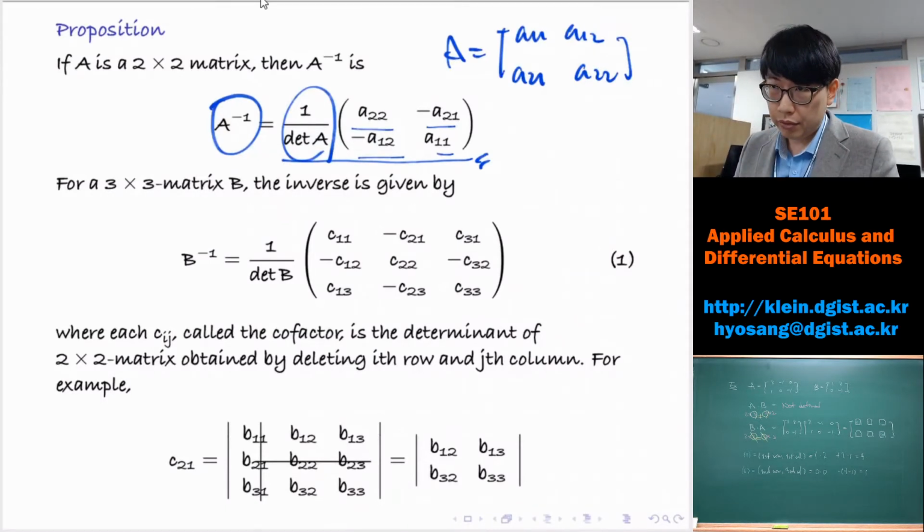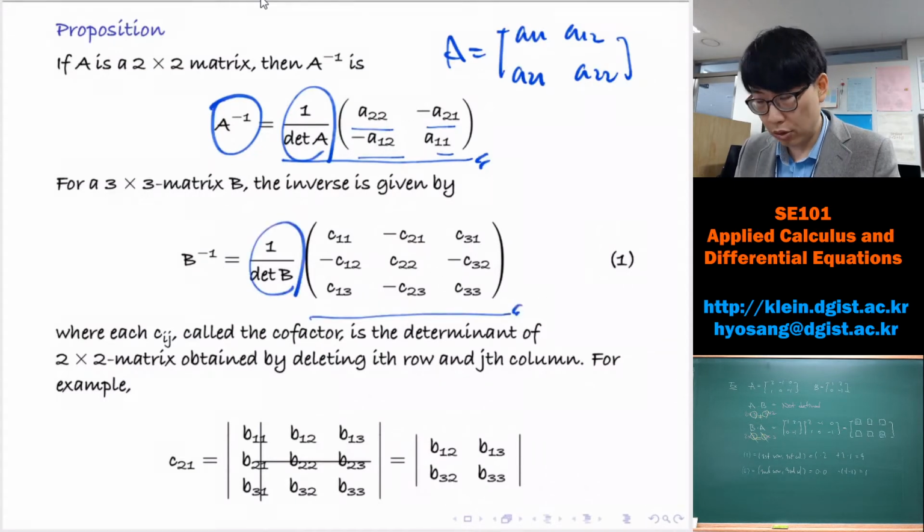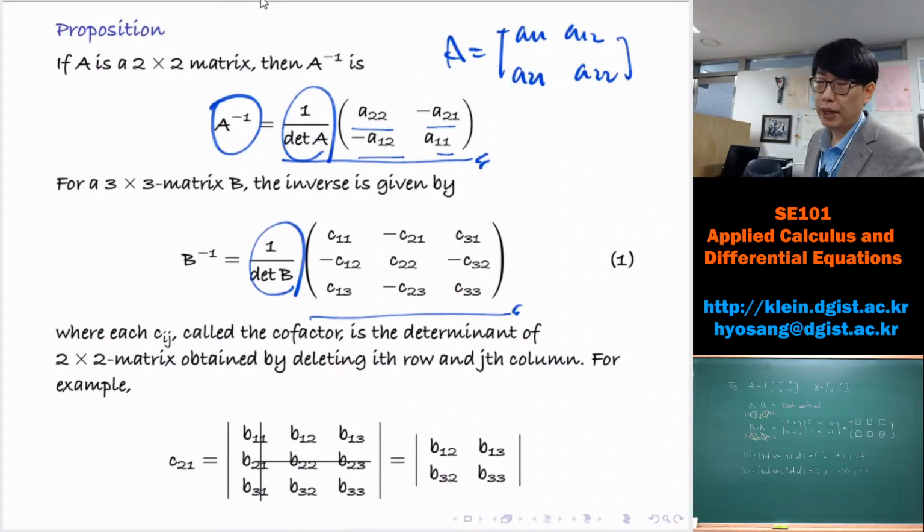But for the 3 by 3 case, it's a little bit complicated. When I take a 3 by 3 matrix, and the determinant is not 0, then the inverse is 1 over the determinant of B times this type of 3 by 3 matrix, where the entries are not the entries of B. The entries of B inverse in this matrix form are obtained by computing a special type of 2 by 2 determinant.